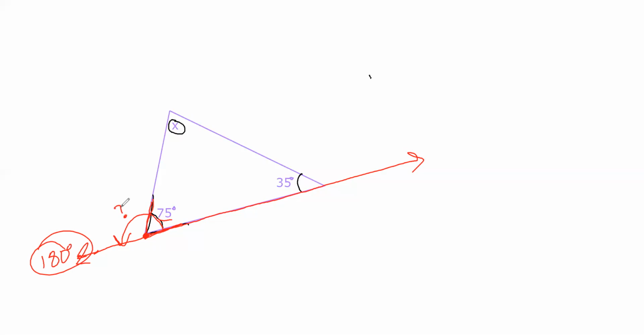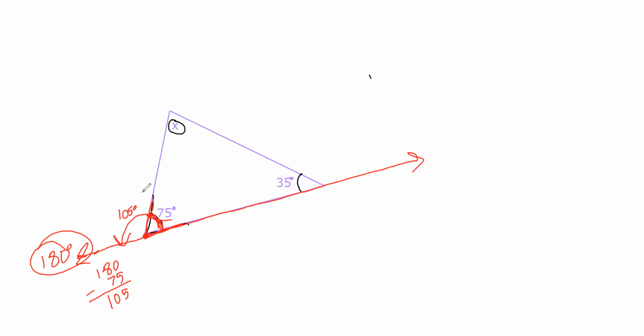Since you know that a straight line is 180 degrees, this is simply going to be the total, 180, and you subtract this part of the angle, 75. And of course, 180 minus 75 is 105. So this missing angle here would be 105 degrees.